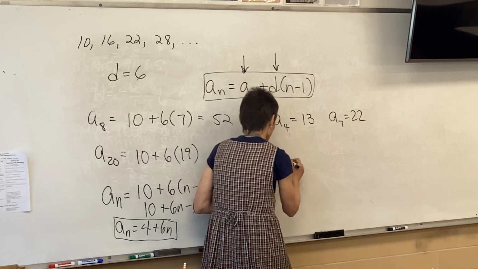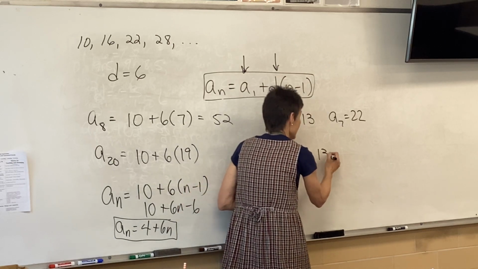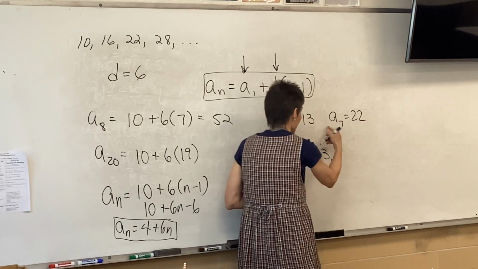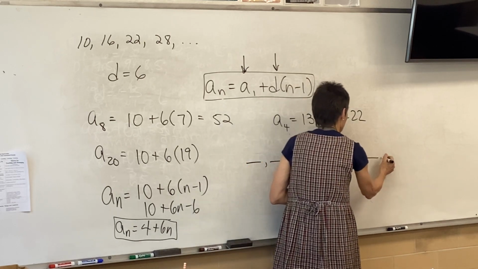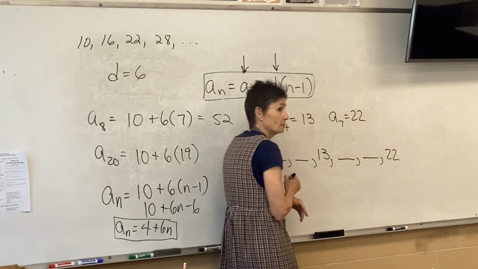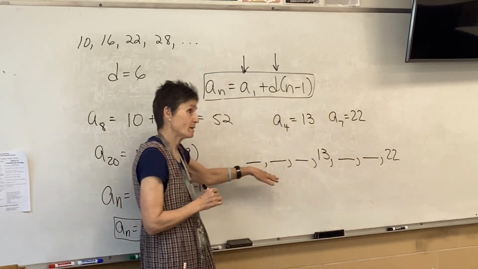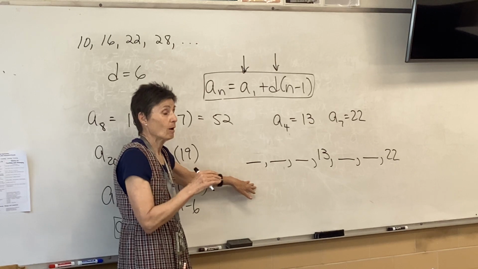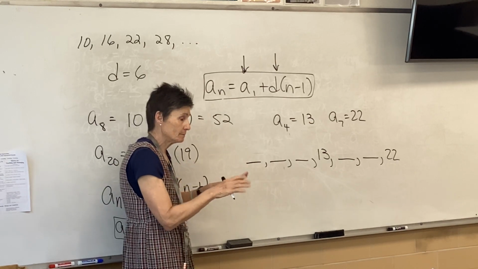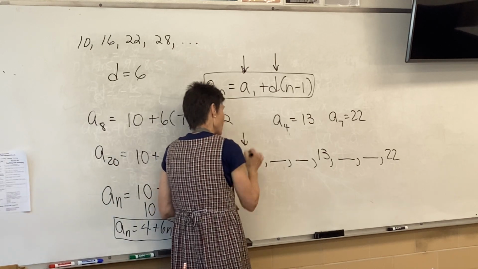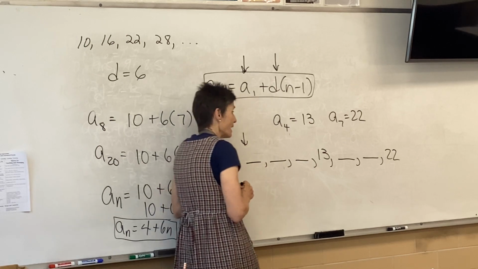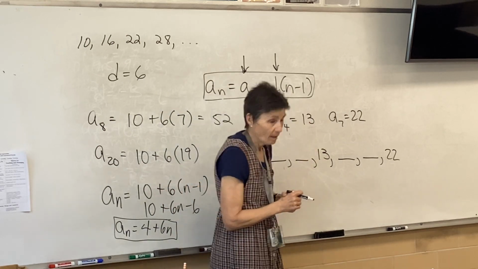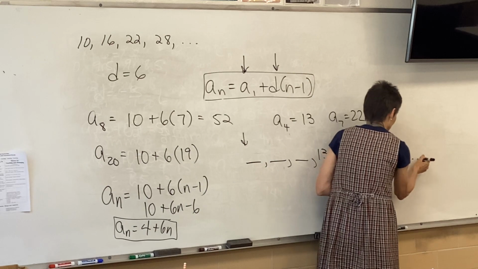Blank, blank, blank, 13. And then blank, blank, 22. So that's what my sequence looks like. Would you agree with that? Now, your job is to find this number and the 100th number.